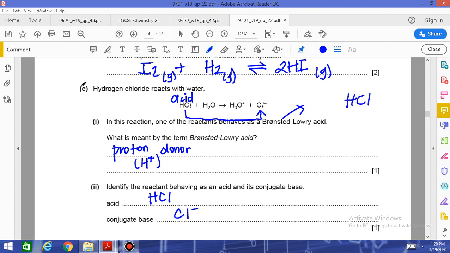For hydrogen chloride, this term is usually used for gas, so there is no water here, and hydrochloric acid is for hydrogen chloride dissolved in the water, and H plus and Cl minus are produced.